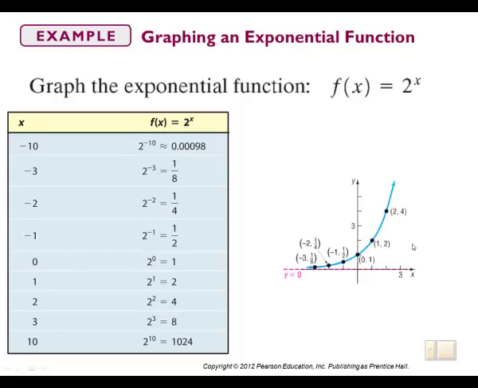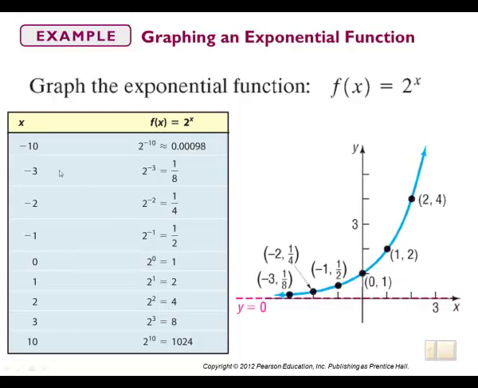And so here we have a graph that shows anything with a negative exponent. If we put a negative exponent here, like 2 to the negative 1, then that would be 1/2.